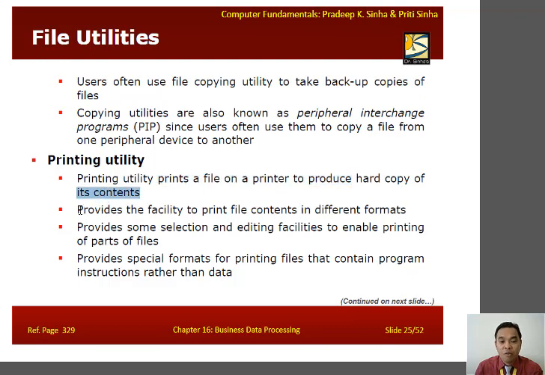This utility provides the facility to print file contents in different formats. It also provides some selection and editing facilities to enable printing of parts of files, and it provides special formats for printing files that contain program instructions rather than data.